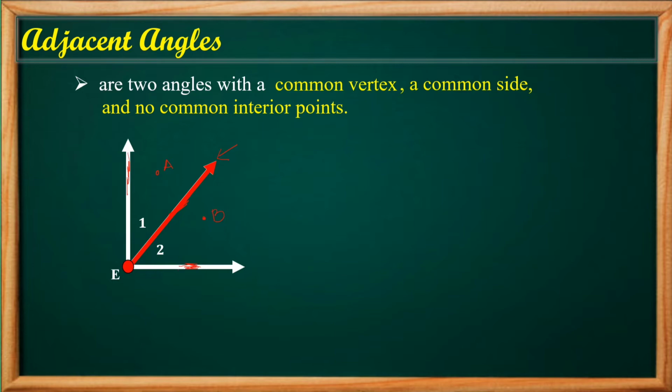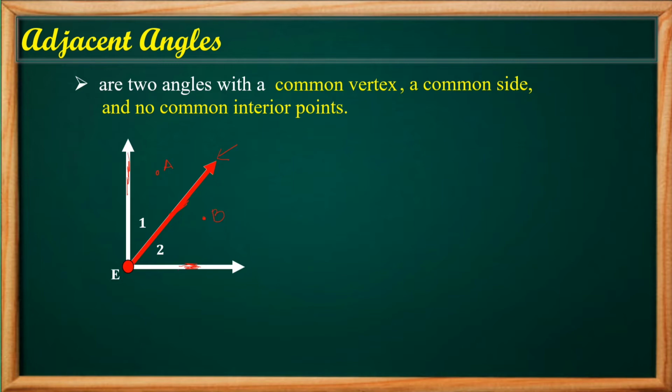Ganon ang adjacent angle. Kumbaga, ito yung classroom, section 1, at ito naman yung classroom na section 2. Then, si student A, hindi talaga pwedeng makikita sa section 2. Diba? At saka si student B, hindi rin pwede siya nandun sa section 1. And that is an adjacent angle.